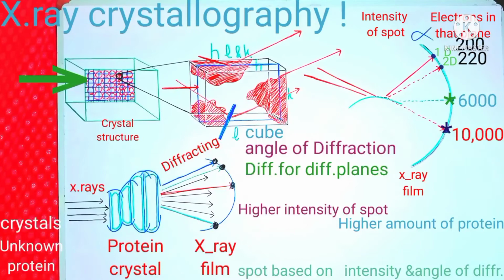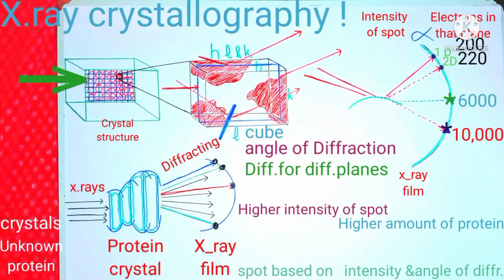As we change the plane, remember, we are not changing the position of the protein molecule, because it is fixed and cannot rotate. Those atoms are present in crystalline form. So as we alter the plane, we get different diffraction angles.